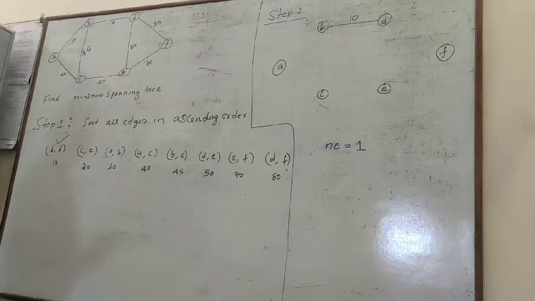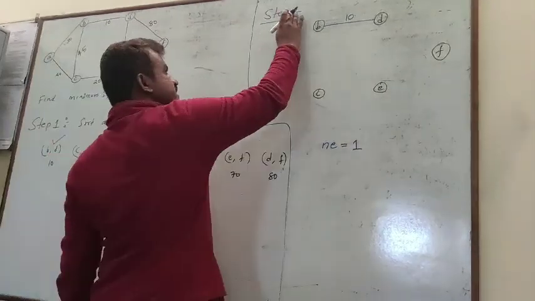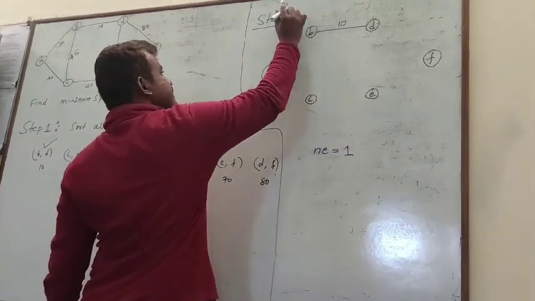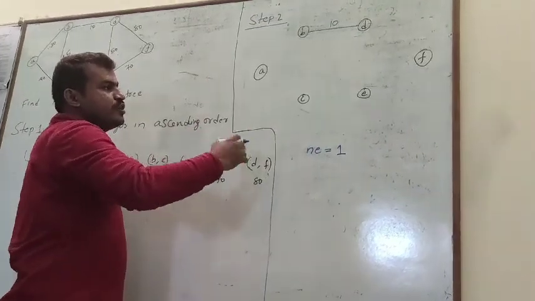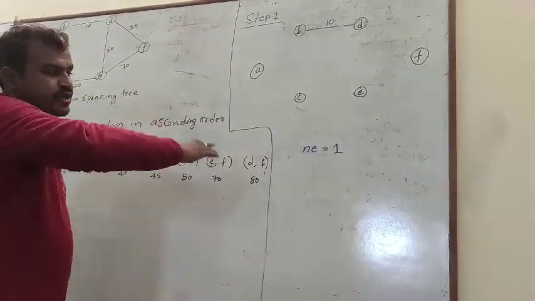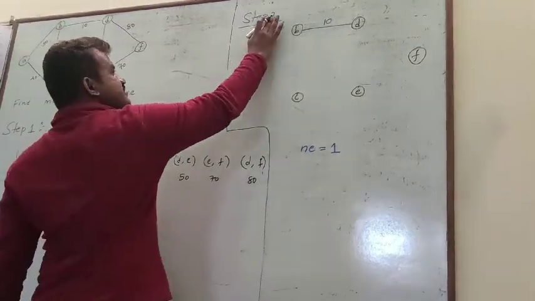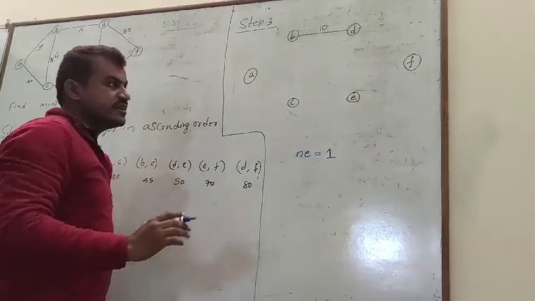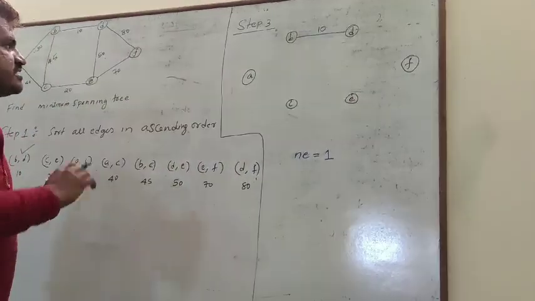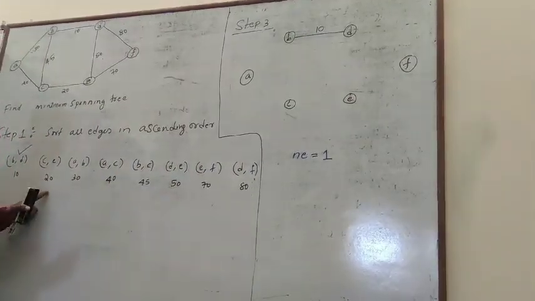Okay. Then step 3. In step 3, this is how to write it. You don't edit on that step 2. You have to write again, and in step 3, reconstruct the same diagram. In step 3, you have to pick the next edge.